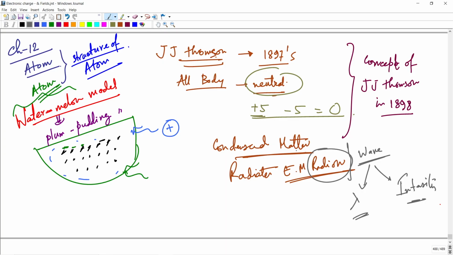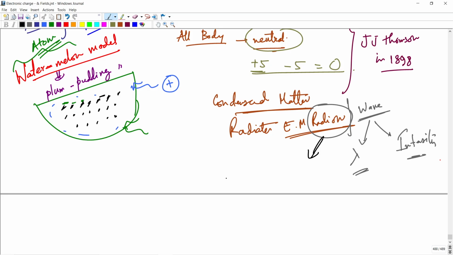This radiation is considered to be due to the oscillation of atoms and molecules.